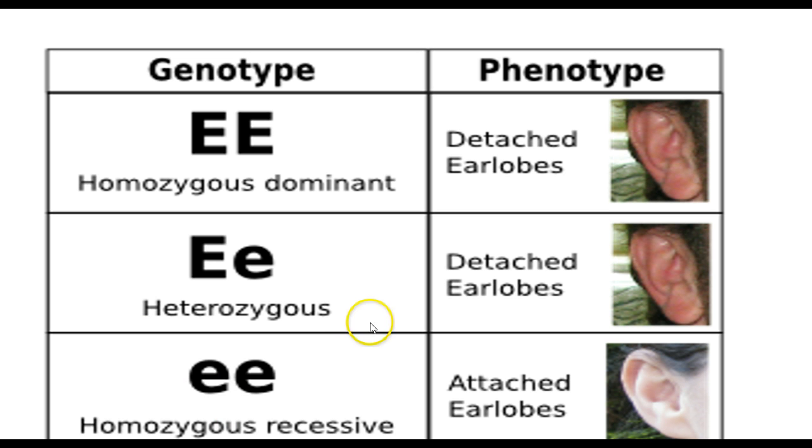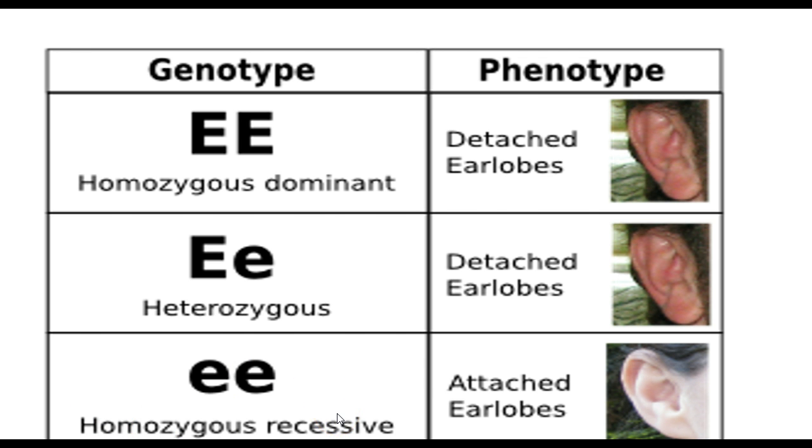Sometimes each parent will give their offspring a recessive trait. If both parents donate recessive genes to the offspring, that is called homozygous recessive.